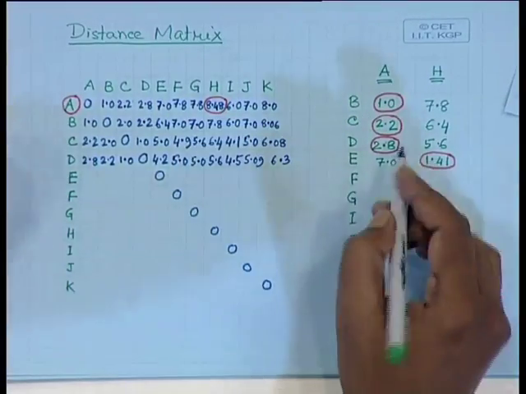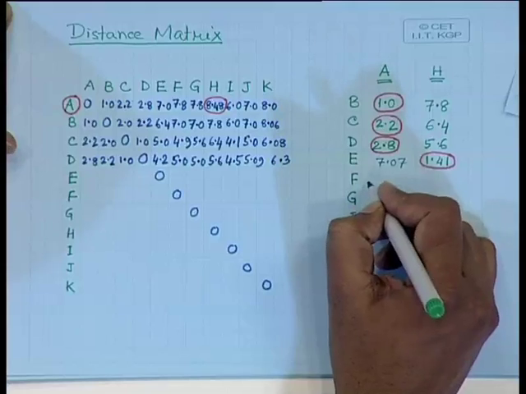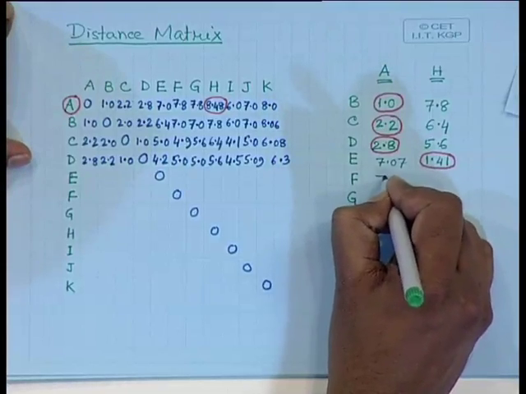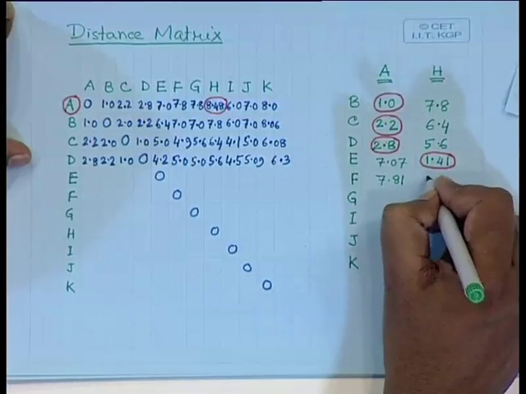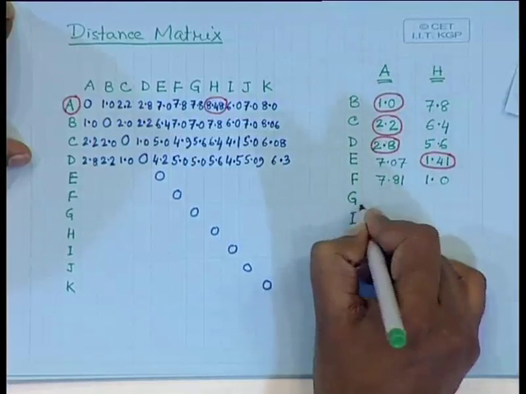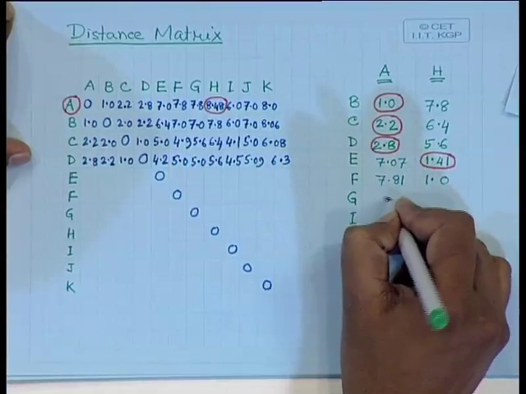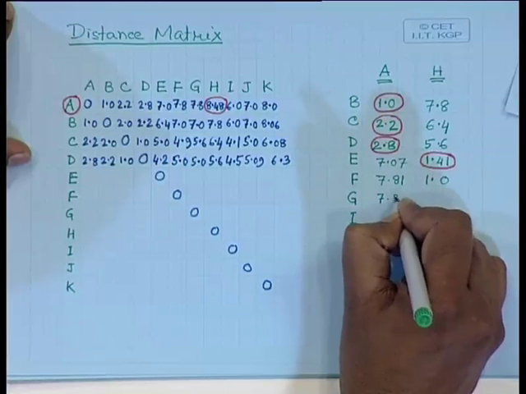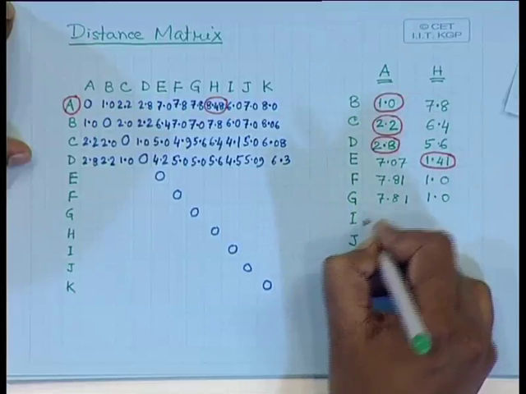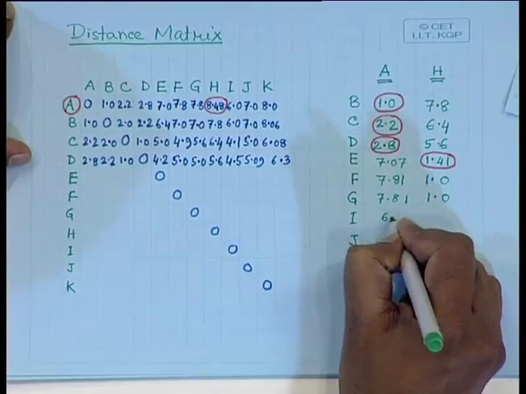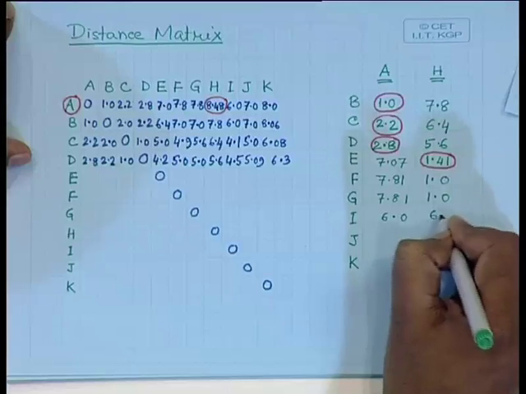Similarly, the distance between F and A is 7.81, and here the distance is 1.0. Between G and A, the distance again is 7.81, and here the distance is 1.0. Between I and A, the distance is 6.0, here also it is 6.0.